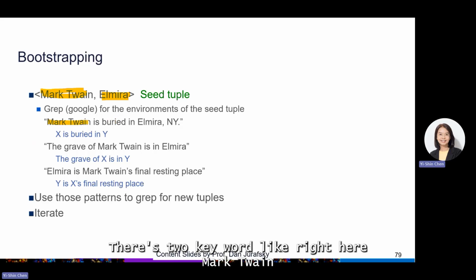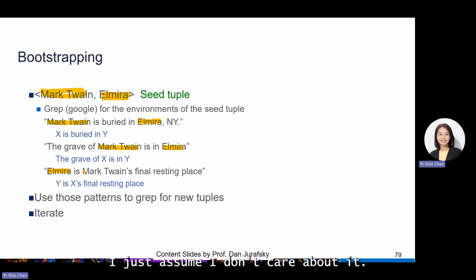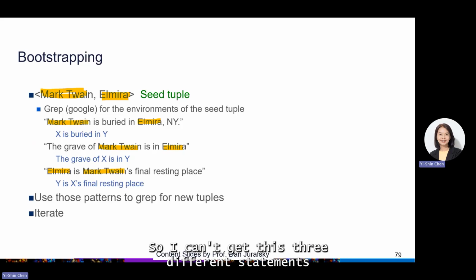Like right here, Mark Twain, Elmira, and here Mark Twain and Elmira. I don't care about the order, so I can get these three different statements.